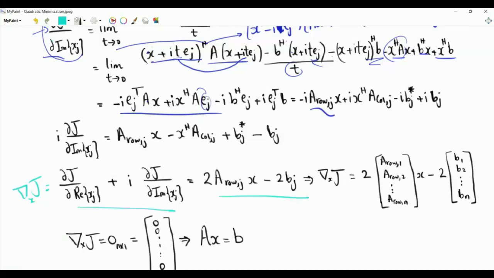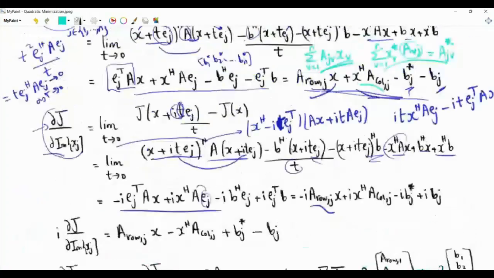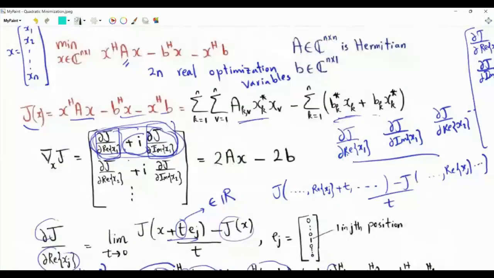If we take those partial derivatives combined in this way and stack them on top of one another, we end up with 2 times the matrix A times vector x minus 2b, which is the result that we have.